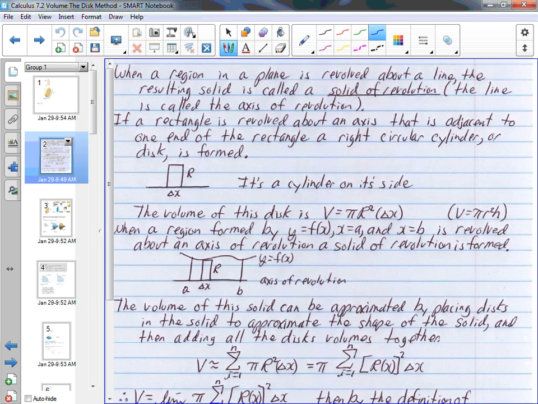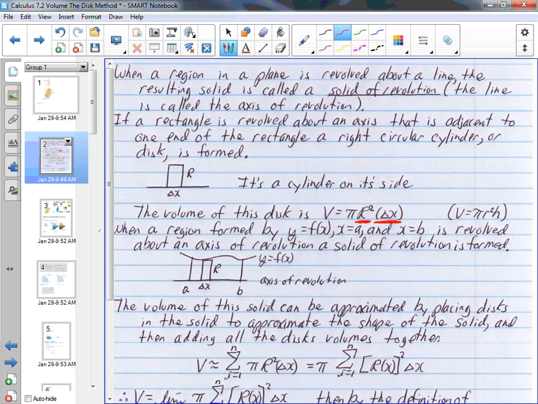It's a cylinder on its side. The volume of this disk is volume equals pi r squared h. Pi times whatever the radius is, and the radius will be a distance squared, and then the h, the way I've got that rectangle, would be delta x, or what do we usually write instead of delta x?